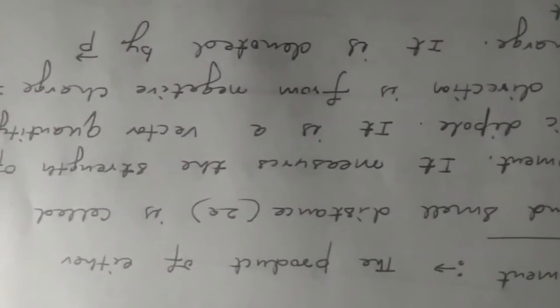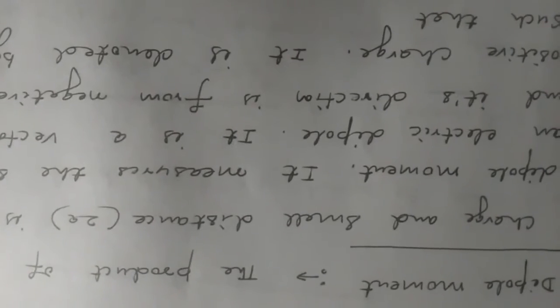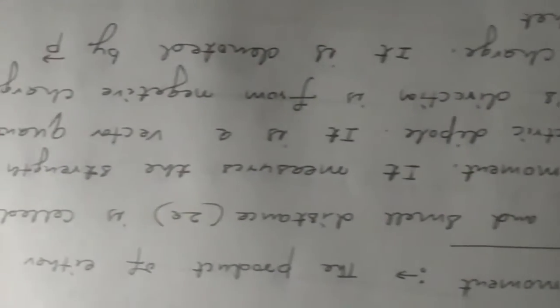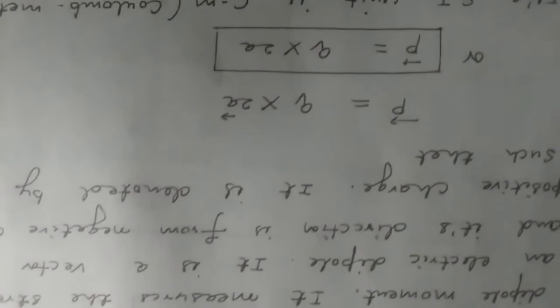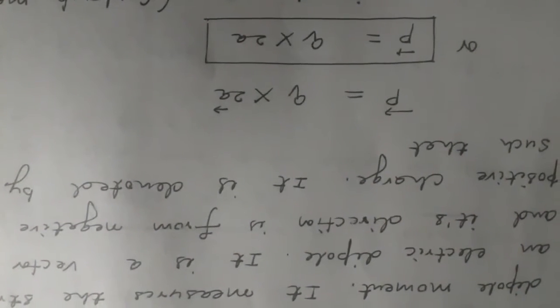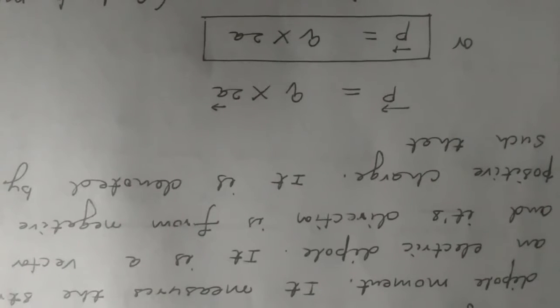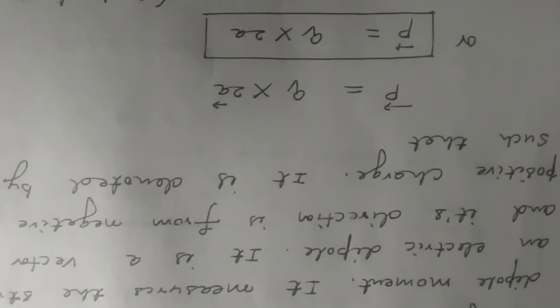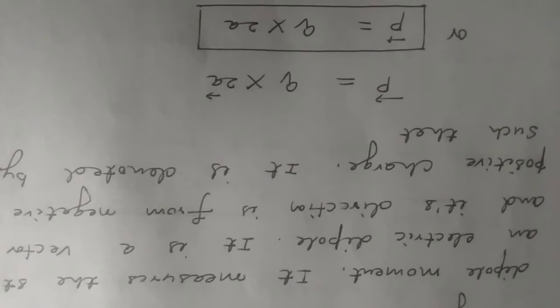It is a vector quantity and the direction of dipole moment is from negative charge to positive charge, and it is denoted by P vector, such that P vector is equal to Q into 2a, or P vector is equal to Q into 2a vector. Okay, this is dipole moment.